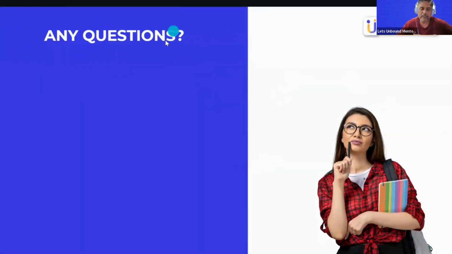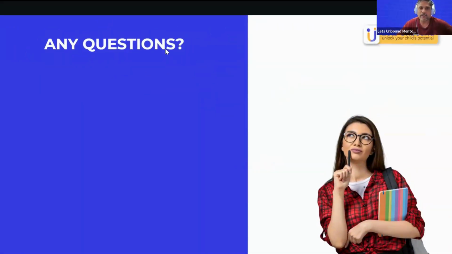Okay, there is one question. Can you talk about some resources which the students can use? Well, there are plenty of online resources available, and there are a lot of books available as well. Even if you just go to Google and type AP microeconomics, a whole lot of websites would open up. Online resources are fine, but a strong recommendation would be that please use some standard texts as well.